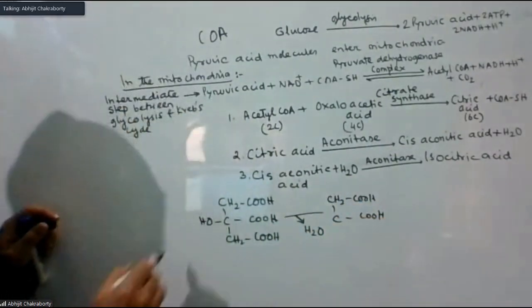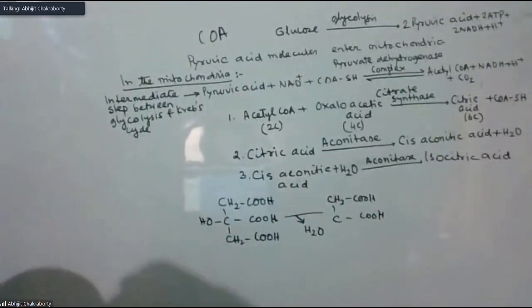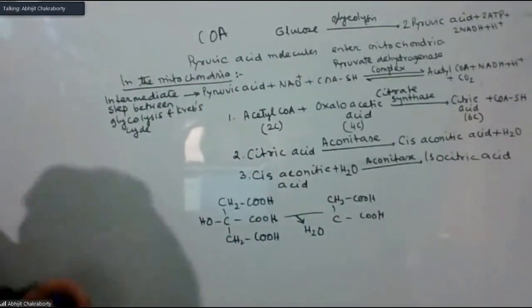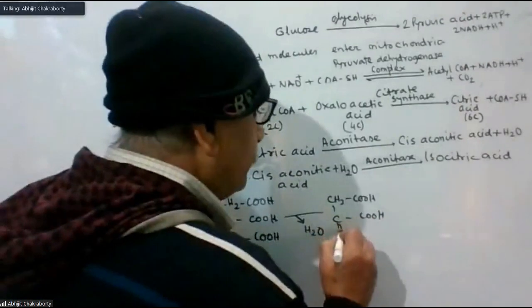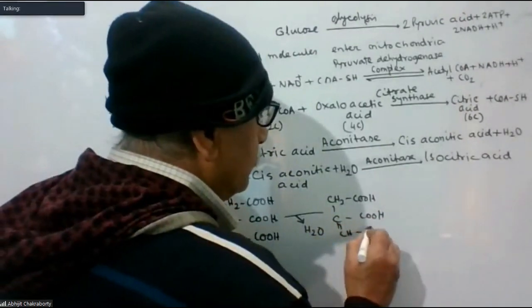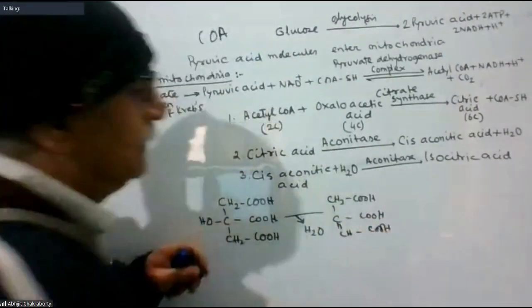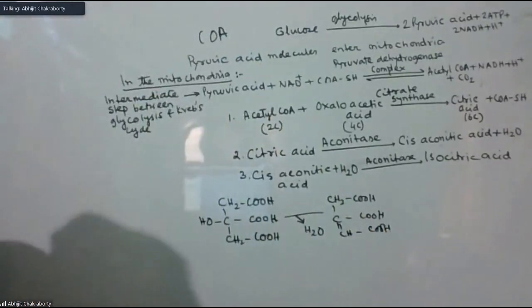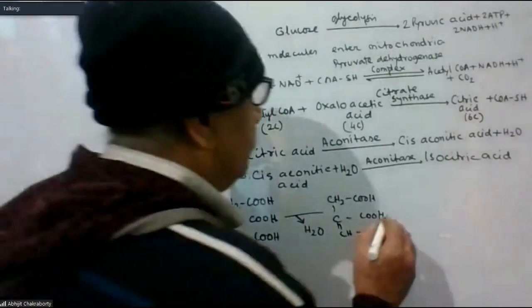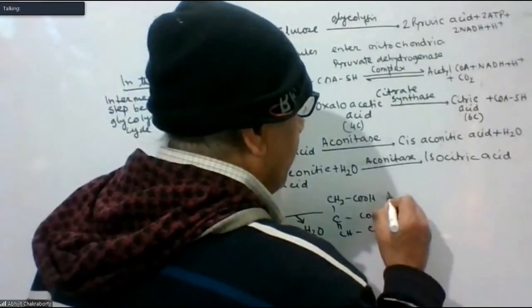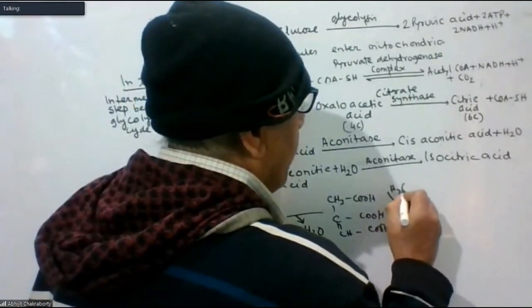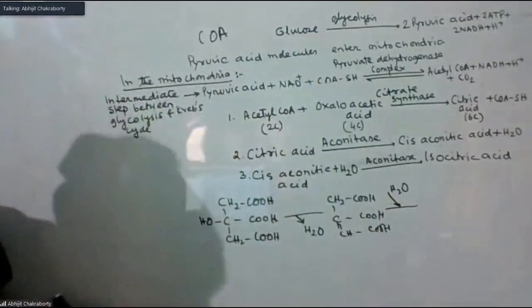From OH coming out here, then ultimately CH-COOH. So this is what formed first. After that, when water is added, what change occurs?